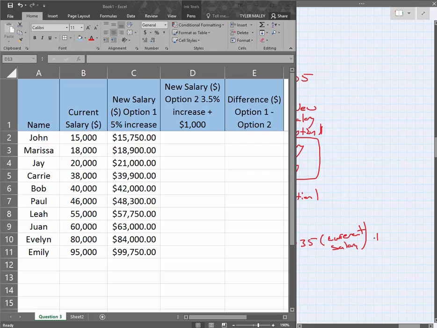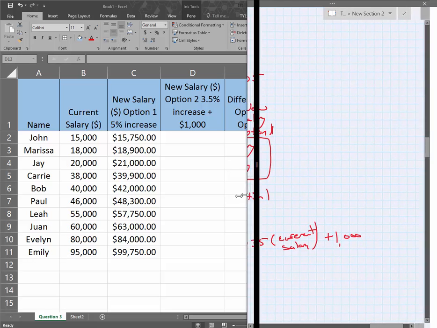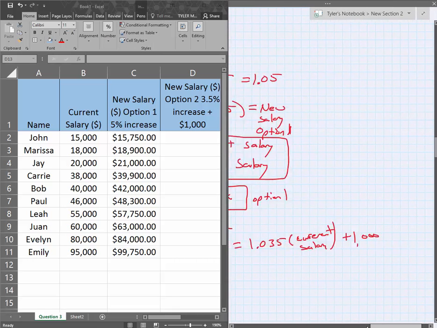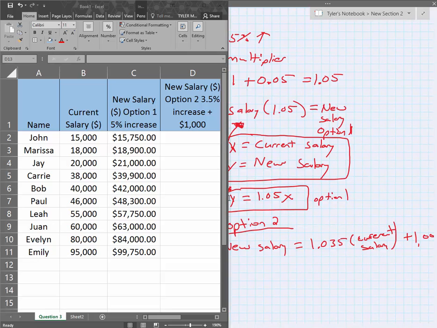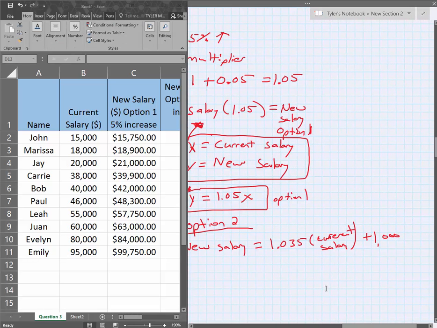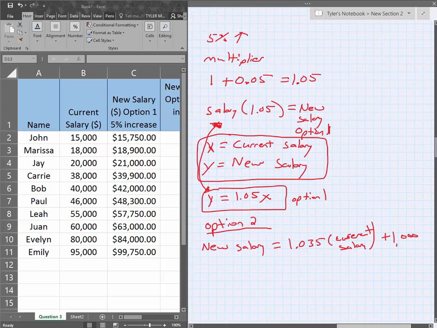Right, and then plus 1,000. Let me just make this a little wider here for a moment. So that's option 2. This part is doing the percent increase, and then we're adding in $1,000.